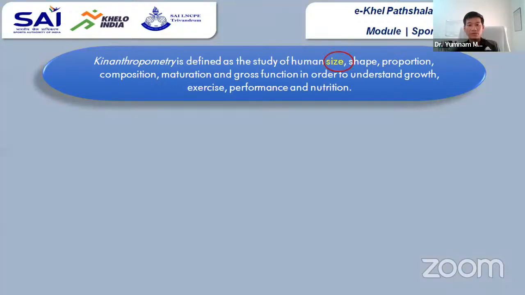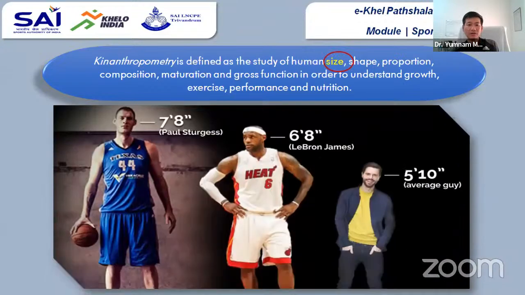What is size? Size here is like the structure, short or tall. जो height है, tall है या short है, you can see here some are very tall, some are medium height, some are average, some are short stature. So it deals with the size, stature.